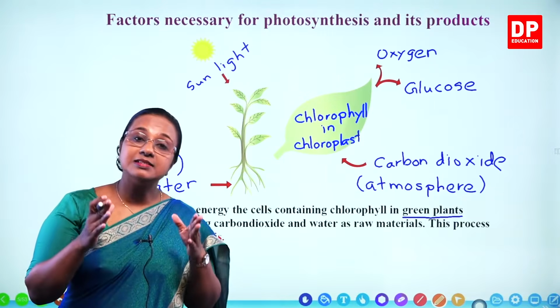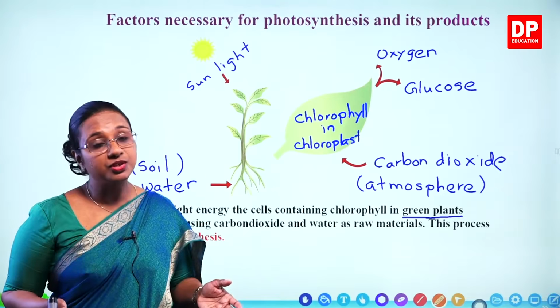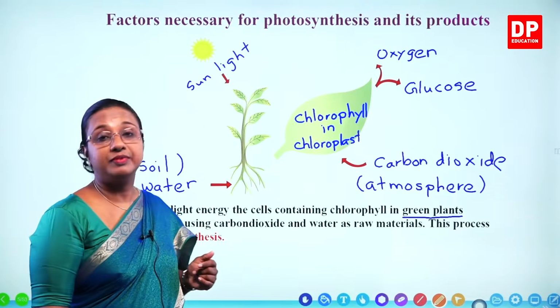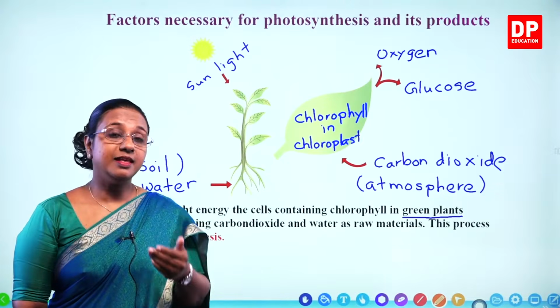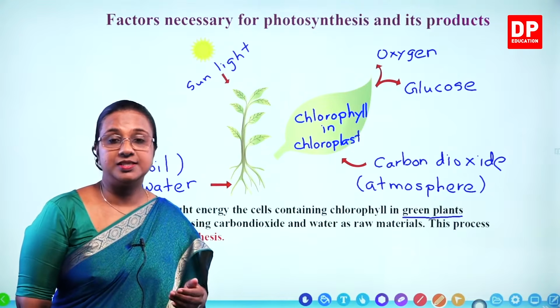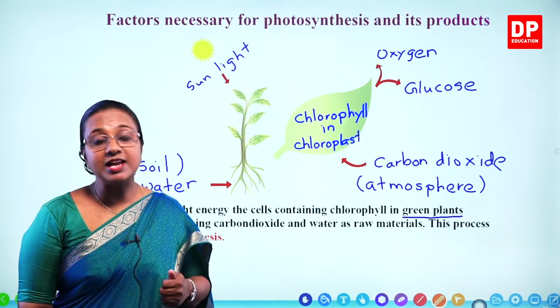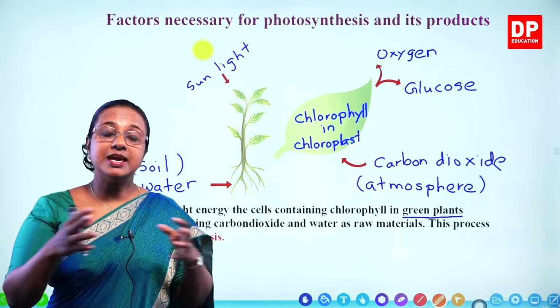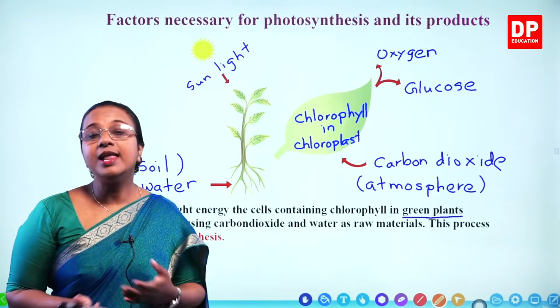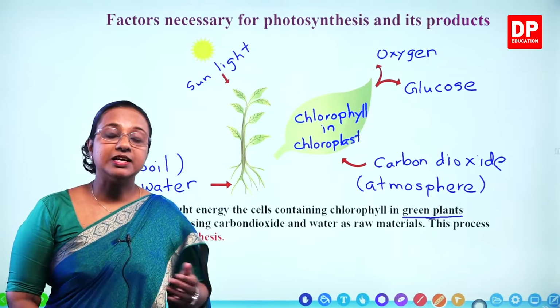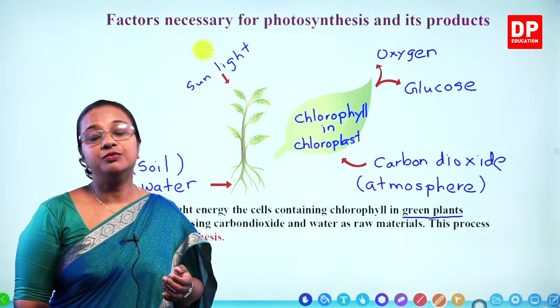That means the young stem also contains chlorophyll. So then they also can do photosynthesis. You would have seen the aquatic plants like Hydrilla and Vallisneria. Both their stem and the leaves are all green in color. So they will contain chlorophyll, they can do photosynthesis.